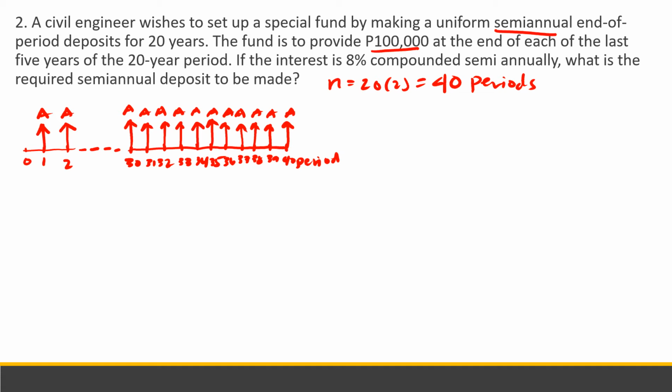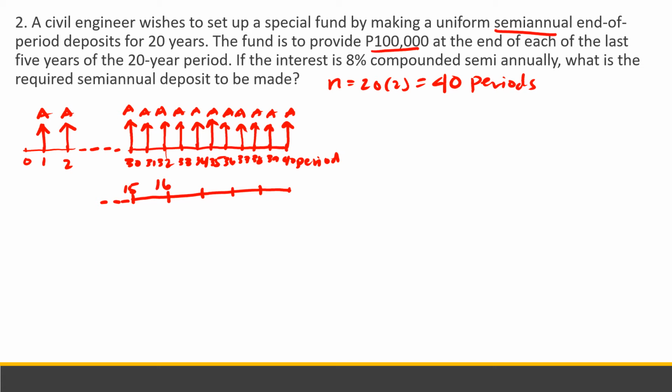So yung last 5 years here, this is 15, 32 is the 16th year, 34, 17, 36, 18, 38, 19, and 40 years.